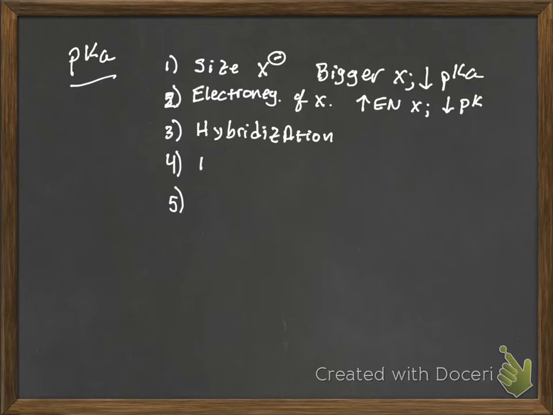Next is resonance. And finally, induction. Now, if there's one of these we don't get to, and it's induction, I'm not going to cry. Because, frankly, that's the least important of this set. So we've covered these two. Let's go ahead and talk about the easy one, which is hybridization.